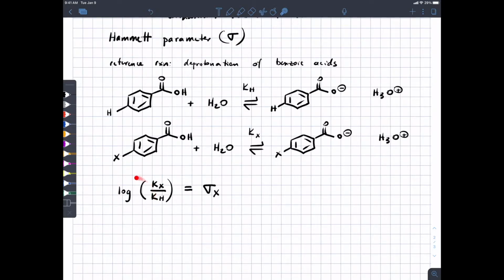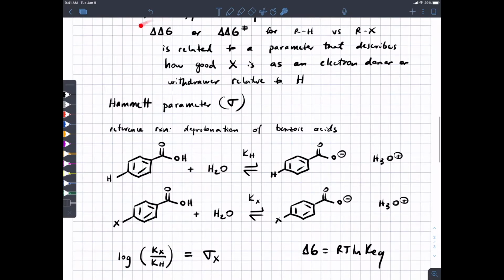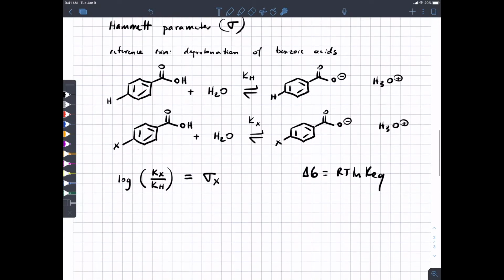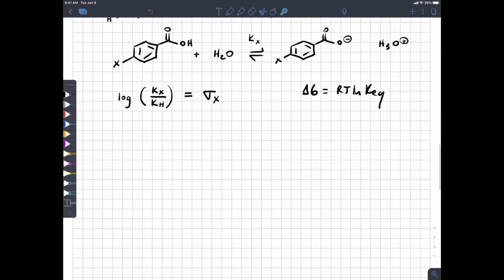Why do we take the log here? Well, do you remember that free energy is related logarithmically to the equilibrium constant? And ultimately, we're going to be using these Hammett parameters to try to understand things about free energy changes in reactions or activation energy. So that's why we take the log. All right. Another reason we take the log is sometimes these numbers can vary over multiple orders of magnitude, and we get sick of writing in scientific notation because we are lazy.